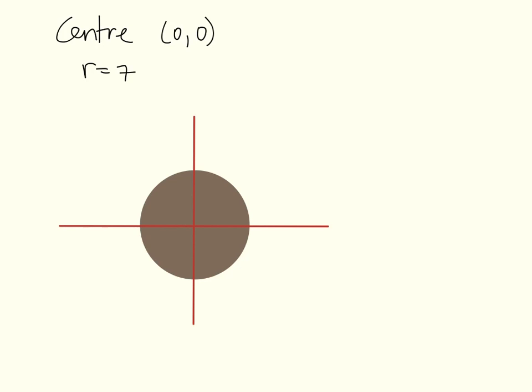So long as the center is the origin, it's very easy to write the equation, because we can just say x squared plus y squared is equal to 7 squared. If you want, you can rewrite it as x squared plus y squared is equal to 49. That's as simple as that. There's nothing else to do on that per se.